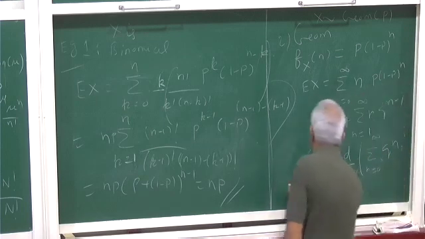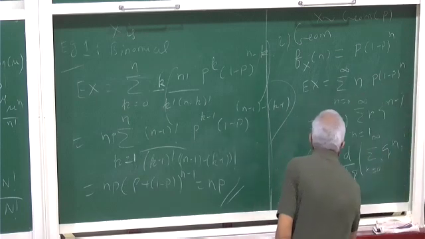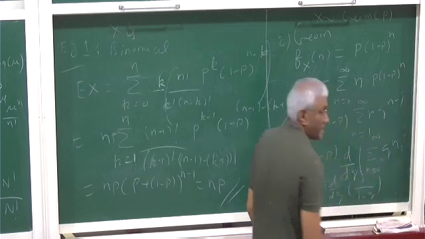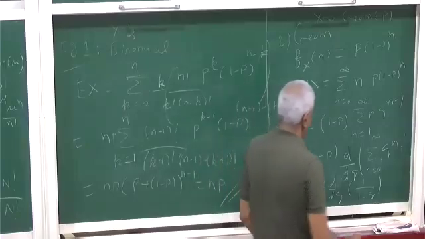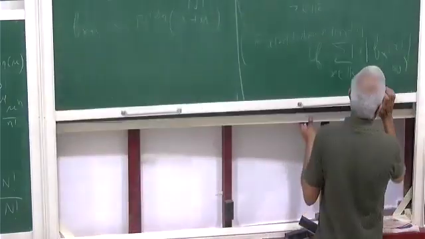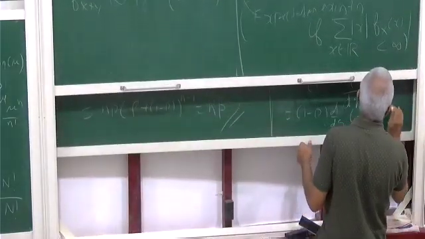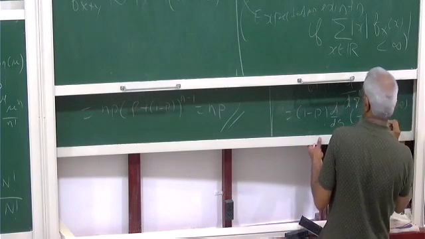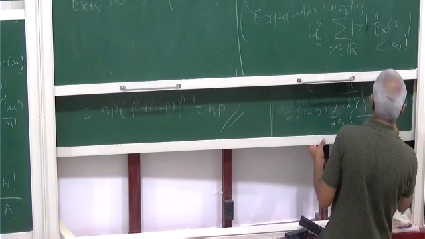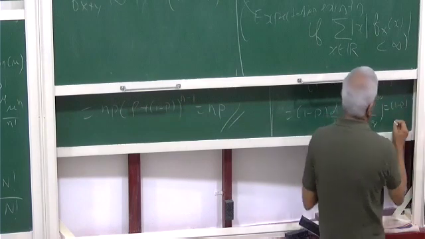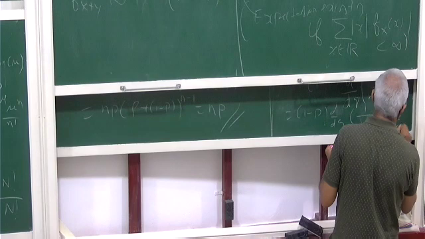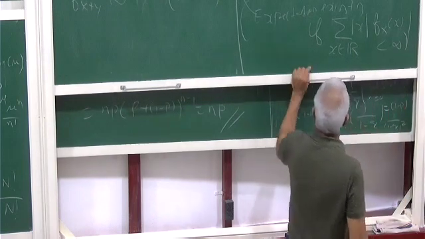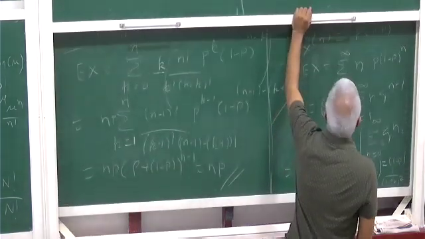Now you know what that sum is, which is equal to 1 minus p times d by dq of 1 by 1 minus q. If I write it, the minus will cancel, giving 1 by (1 minus q) squared. But there is a p somewhere, I forgot a p outside.